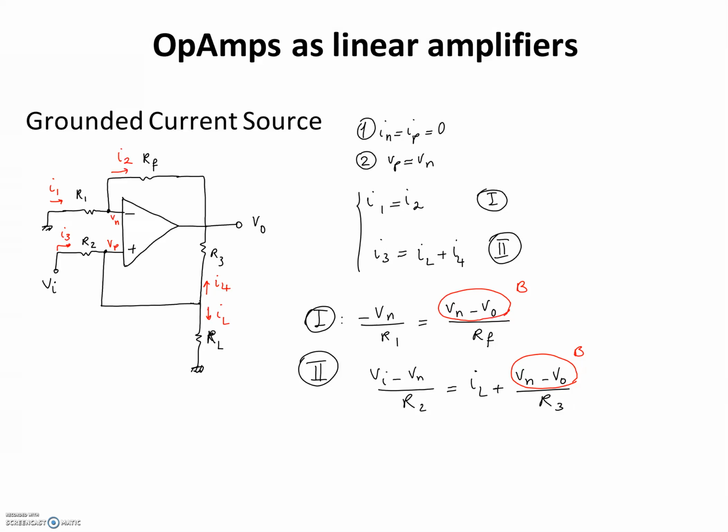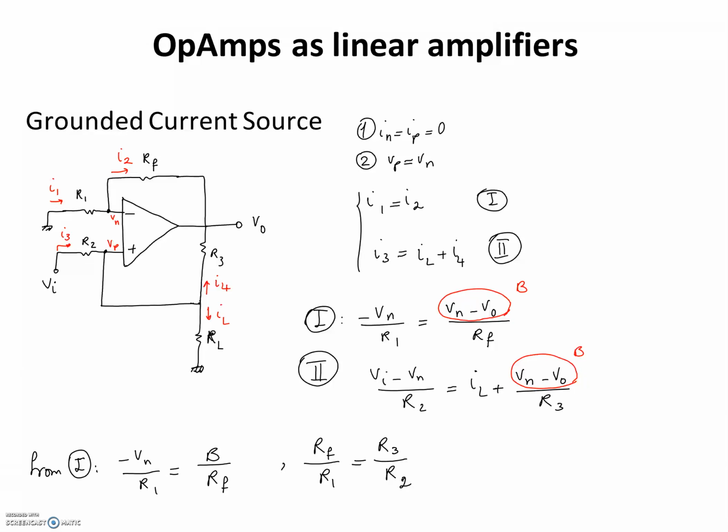So from equation 1, I have negative Vn over R1 is equal to B over Rf. We're going to continue the calculations by assuming that Rf over R1 is equal to R3 over R2, and this is the condition for this circuit to work and to act as a current source.